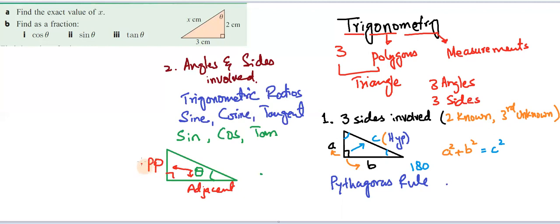The opposite side and the adjacent side. And this one is the unanimous choice, hypotenuse. So for any right angle triangle, we will take an angle of reference, and with respect to that angle, we will decide what are our opposite and our adjacent, and hypotenuse is always there.